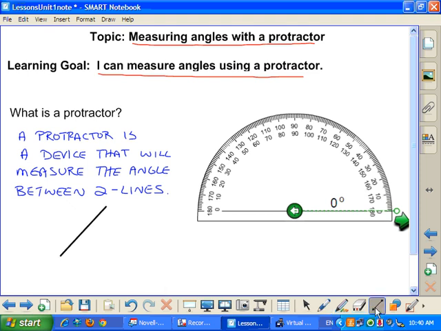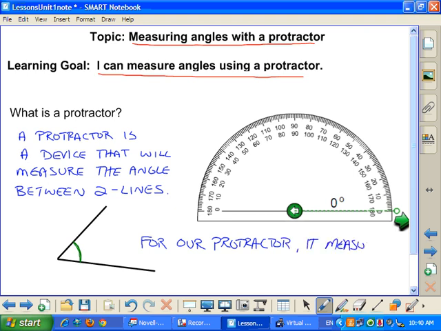So my example would be this. Here is two lines, they're connected. We want to measure the angle right here. And for our purposes this year, for our protractor, it measures angles in degrees.